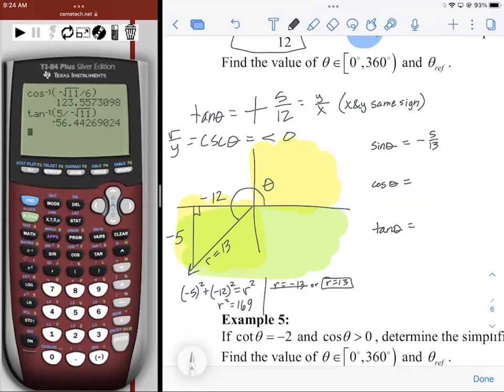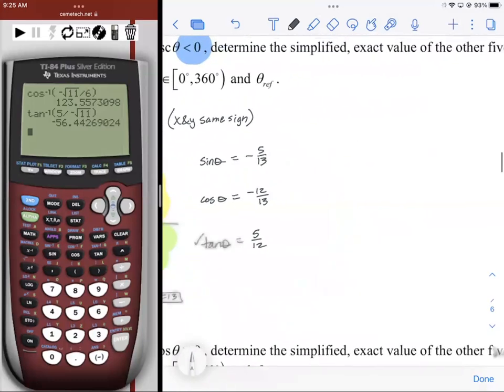Cosine is x over r, that's -12 over 13. Tangent is y over x, that's -5 over -12, which is 5/12. And that's the same as what we were given. So it's nice to relist it, include it in the set of 6, and compare it with what we started with. It's a good check. Because there's no radical here, it was a perfect Pythagorean triple, we don't have to rationalize any denominators.